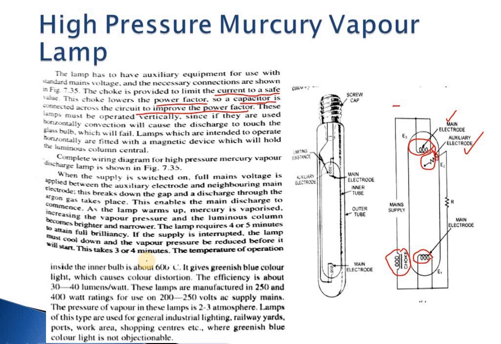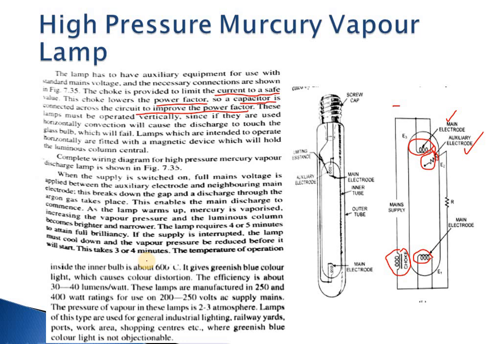The lamps require 4 to 5 minutes to attain full brilliancy. If the supply is interrupted, the lamp must cool down and the vapor pressure be reduced before it will start. This takes 3 to 4 minutes. The temperature of operation inside the inner bulb is 600 degrees centigrade.